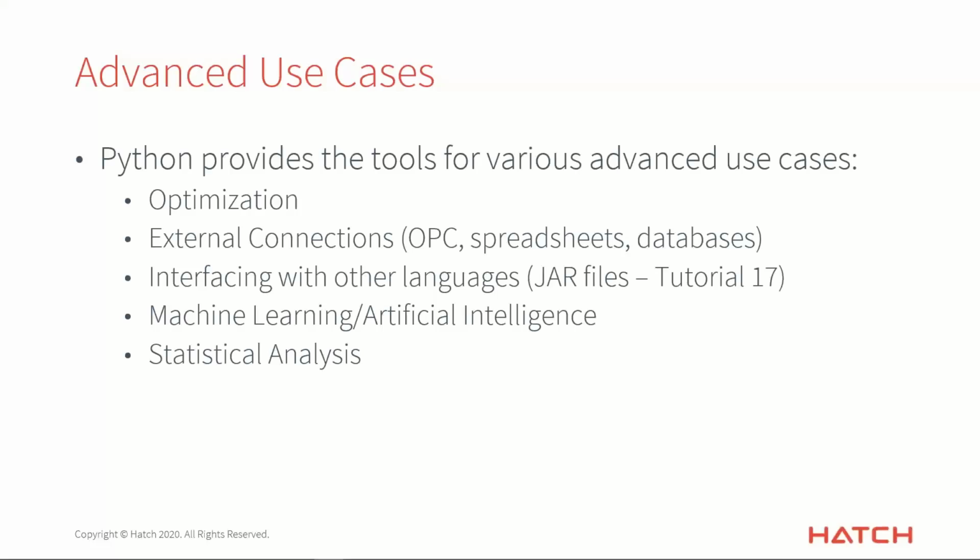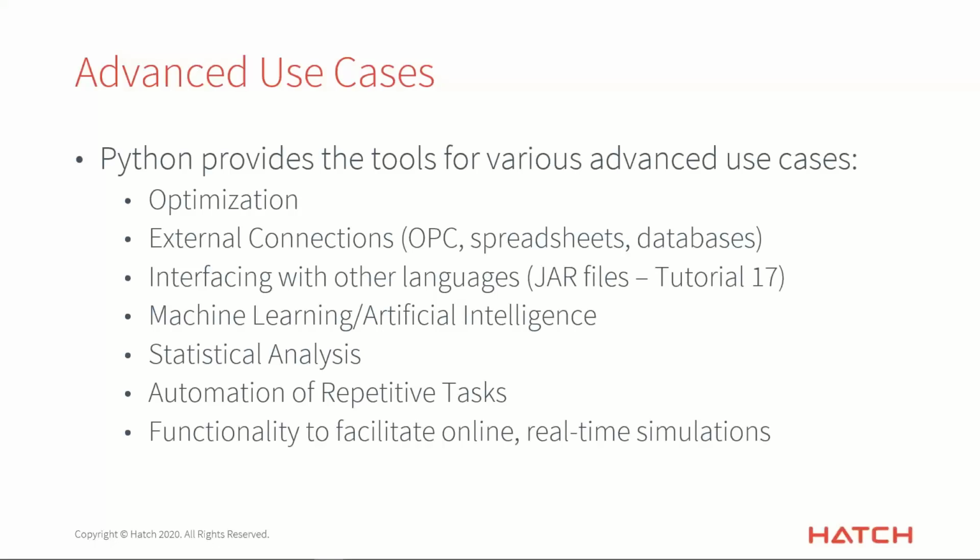Python has a bunch of statistical analysis libraries, so if you want to do any sorts of advanced statistical analysis, you can do that in Python. As we saw in our sensitivity analysis, Python is great for automating repetitive tasks. And Python also offers a way to facilitate online functionality in a simulation. So you can have real-time simulations where you're getting data from an external source and simulating that in GPSX in real time.